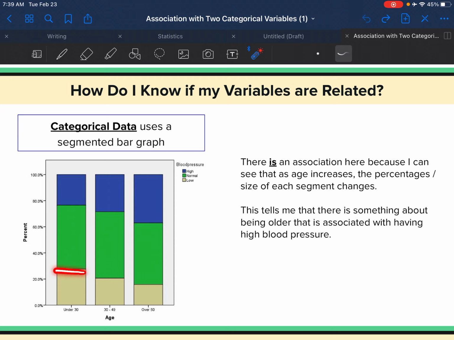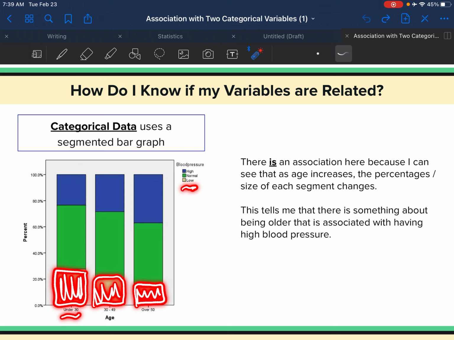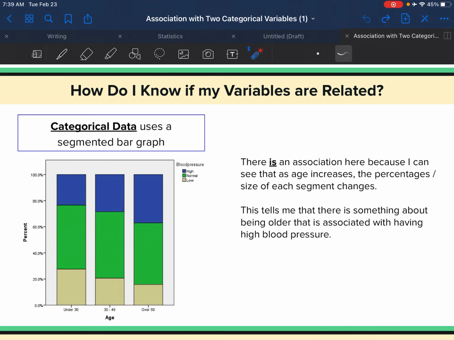So for this box, that's low. So under 30, low blood pressure is here. 30 to 49, blood pressure is here. And over 50, blood pressure is here. I can see that that percent is decreasing each time for each of the variables.